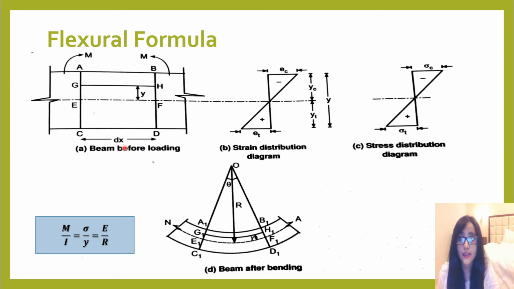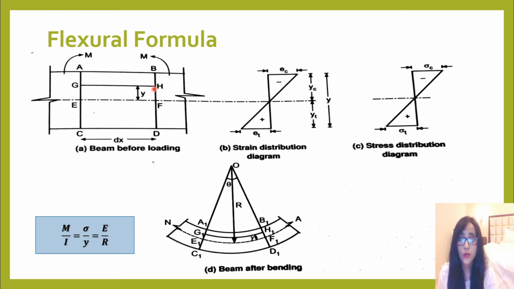And let us say that this beam is a simply supported beam and it is subjected to a bending moment M. ये simply supported beam है और उस पे bending moment M आ रहा है.